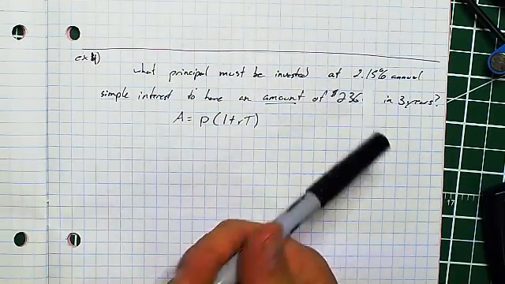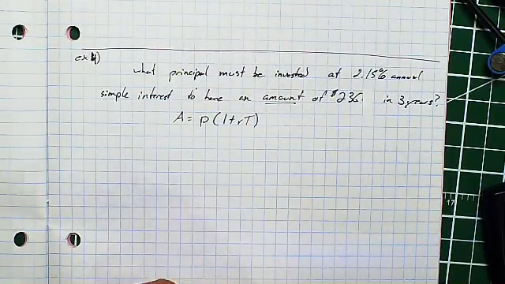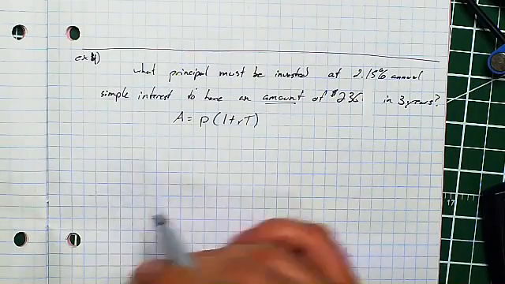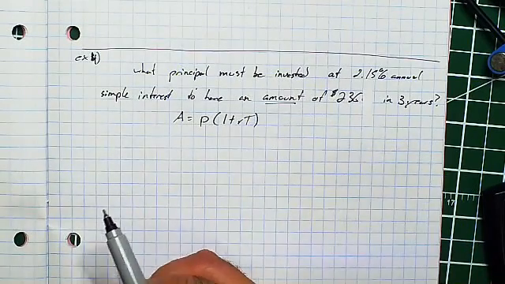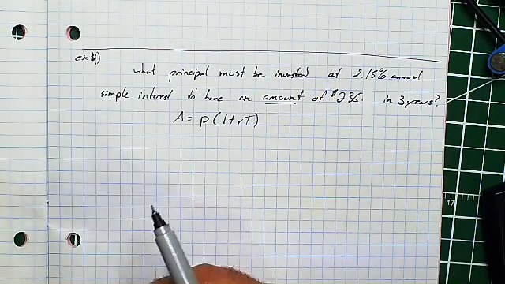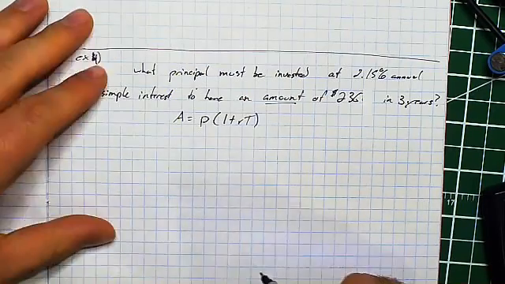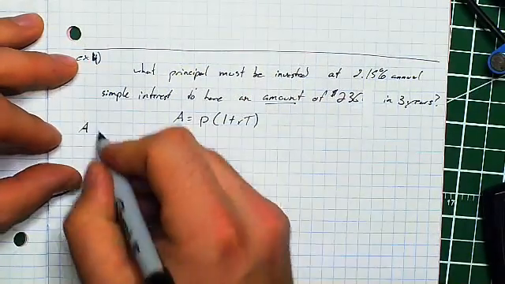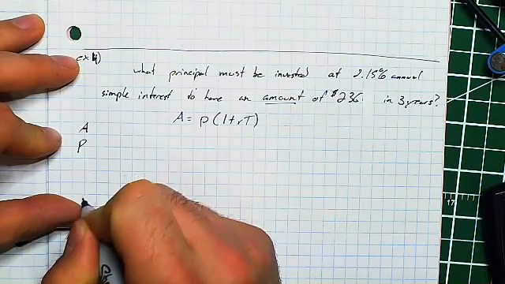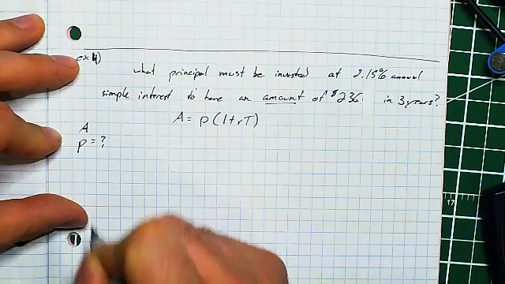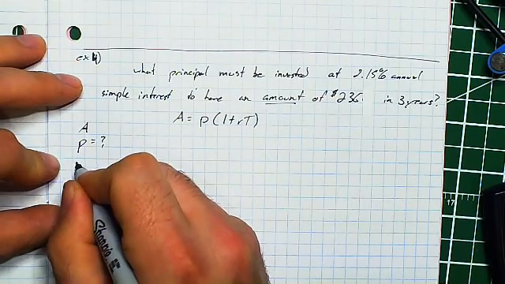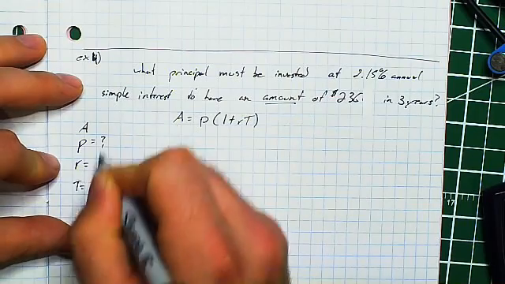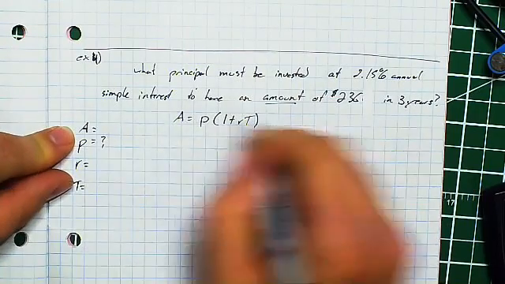For the last example, it's asking you, what is the principal that you must invest if we're dealing with 2.15% annual simple interest to have a total amount of $236 after 3 years. So we're going to be using the same formula because we want to find the total amount. We're going to find out what our principal is because we don't know what that is.